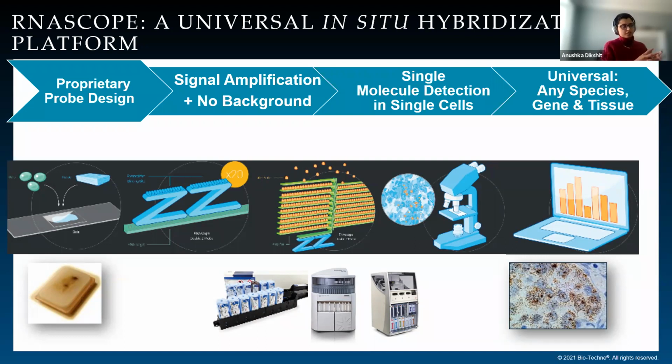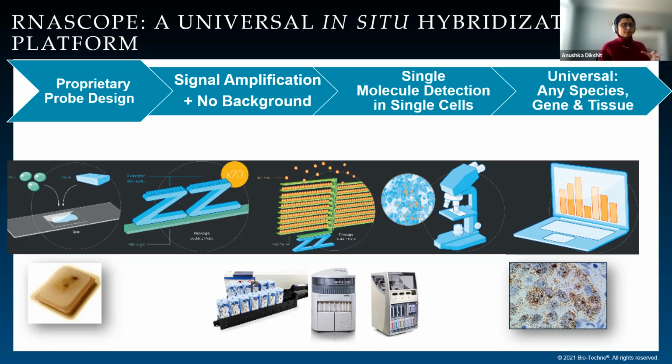So this technology was specifically designed to eliminate all of those aspects and give you clear signal detection of your target genes with a very seamless workflow and easy detection strategies.